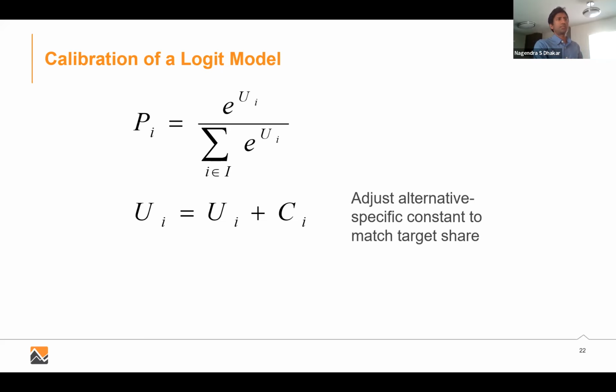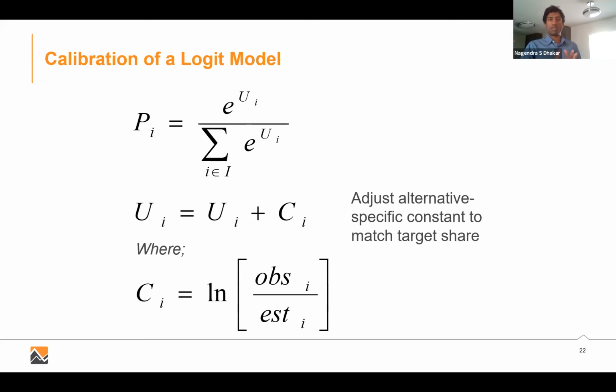So typically we adjust or change the constant, which is the non-deterministic, and this is given the form of the probability function in the beginning. What we do is we take the ratio of the observed value and the model value, which is the estimated value, and then we take the natural log of that ratio, and that is the new adjustment for our next iteration of the calibration.